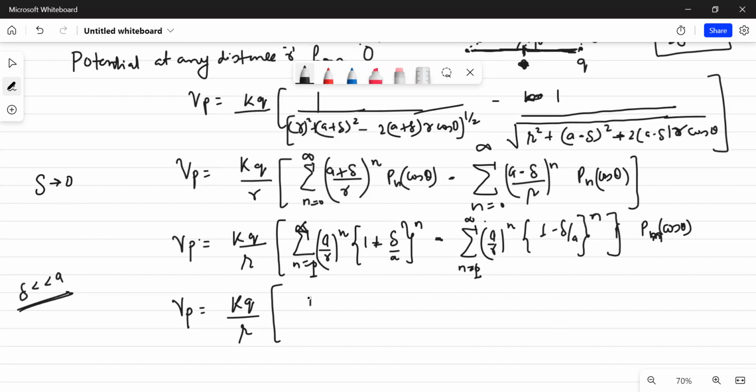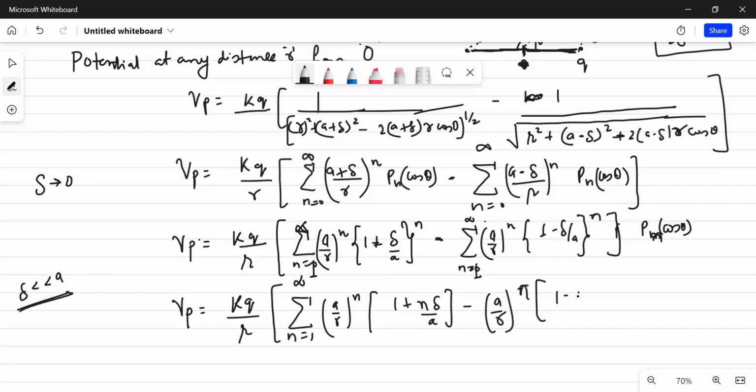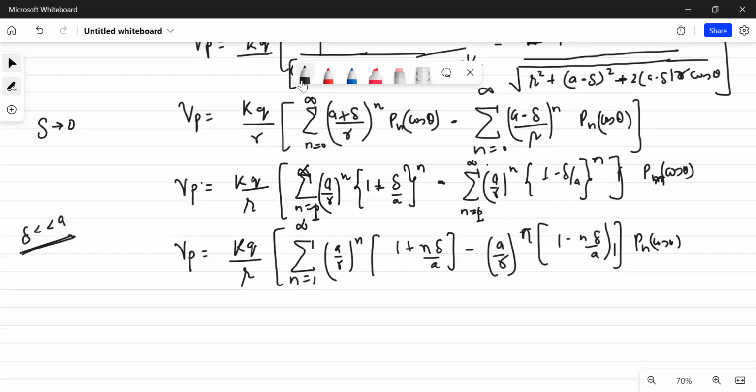So if I do that thing, then summation n equals to 1 to infinity, I'll get A upon R ki power n, and I'll simply write 1 plus n del upon A, and then minus A upon R ki whole power n, and then you have this 1 minus n del upon A. Is that clear? And Pn cos theta. I have taken मतलब इस summation को एक साथ ही लिख दिया, so that मतलब दो बार लिखने की जरूरत ना पड़े, because the terms are similar, right?